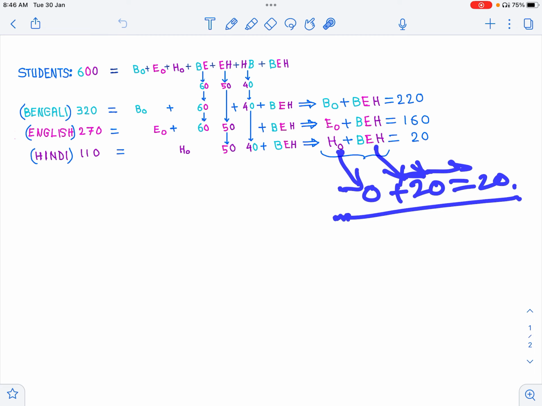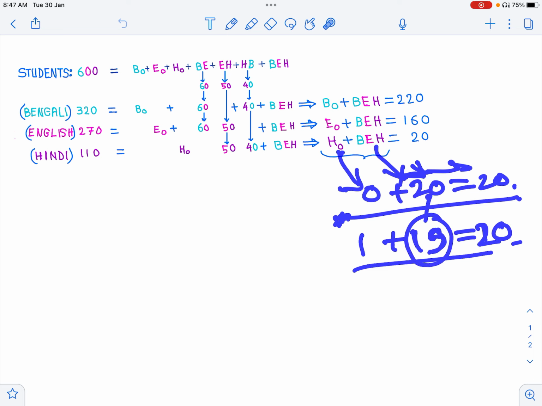Otherwise, if for H0 there exists at least one student who learns Hindi only, then the number of students who learn three languages would come to 19, isn't it? So the maximum number is 20, and if the number of students who learn only Hindi is 2, then the number of students learning three languages would be 18.